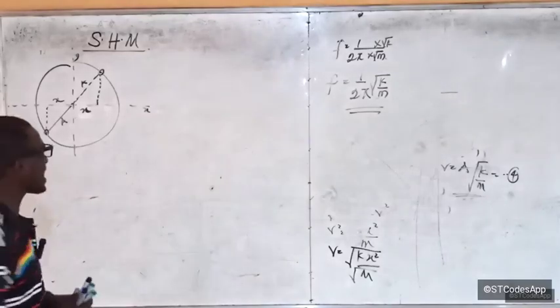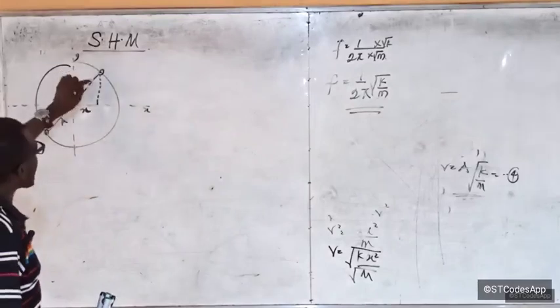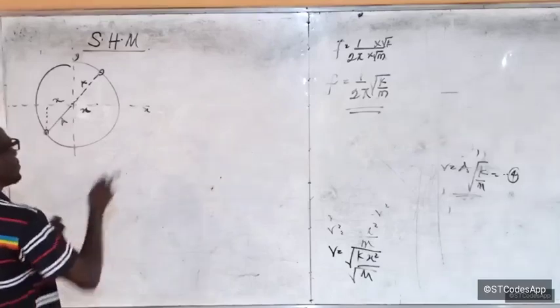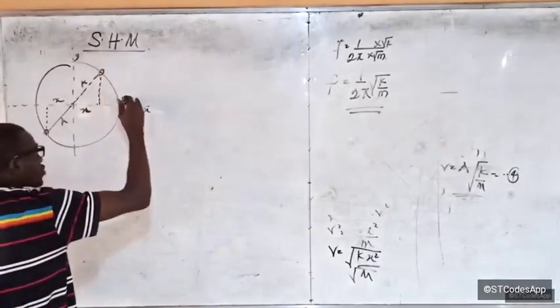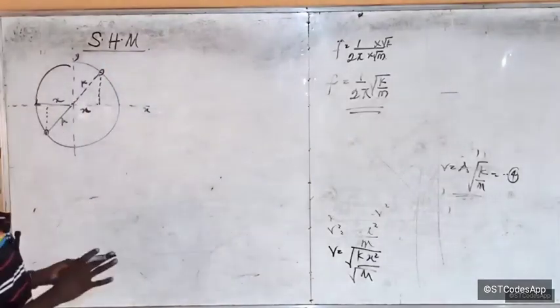What I'm trying to say is that at a particular instance of time, that body has a horizontal displacement. Its maximum horizontal displacement is when it comes to this horizontal. So if it comes like this and gets here, this is the maximum horizontal displacement.